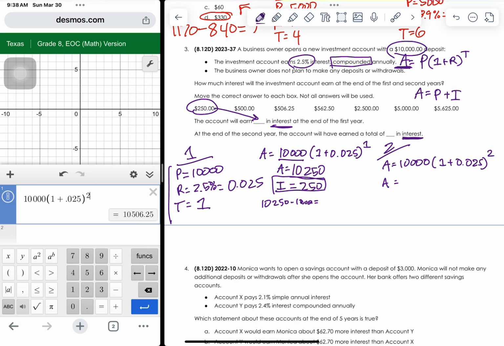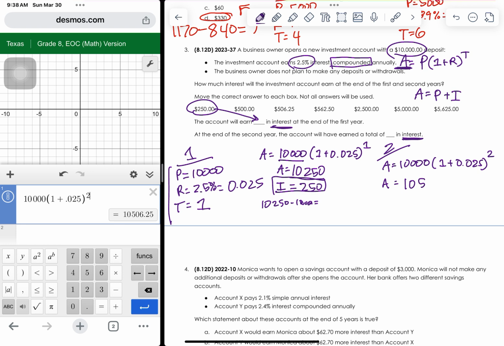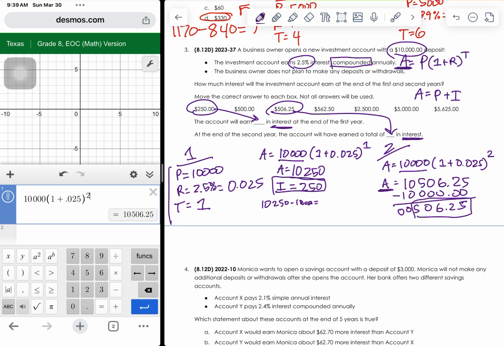After 2 years, his account has $10,506.25. That's the total account balance. I'm going to have to subtract that principal, and we are left with $506.25, which was what was gained in interest.